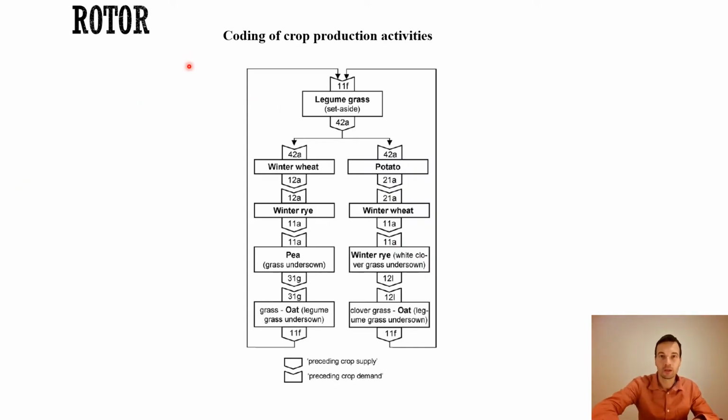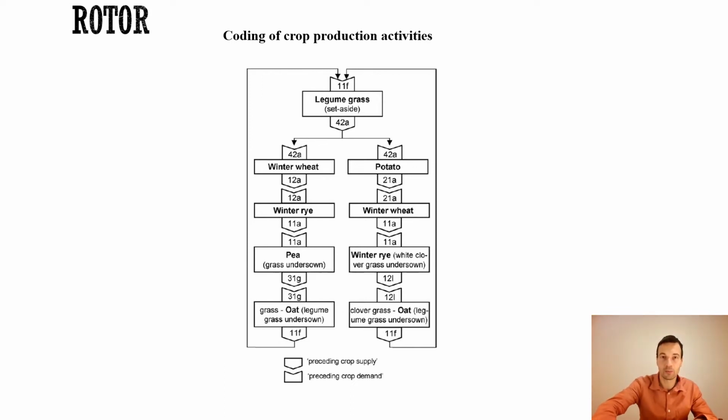All crop production activities are automatically allocated to codes: preceding crop demands and preceding crop supply. These codes are used to determine crop position within a rotation with respect to its preceding and succeeding crops. Each code consists of 2 digits.